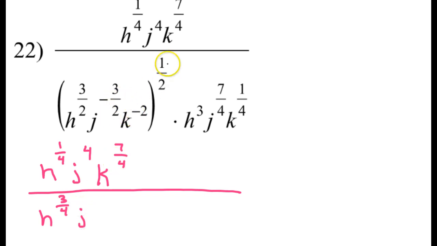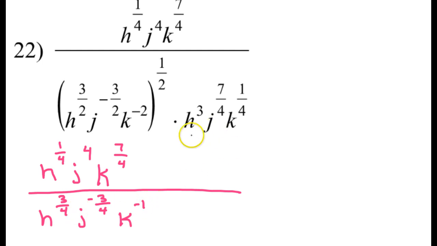Negative 3/2 times 1/2, that's negative 3/4. And now the k. Well, negative 2 times 1/2 is negative 1. So that's just going to be negative 1.